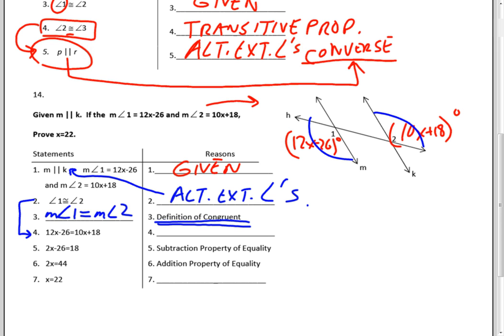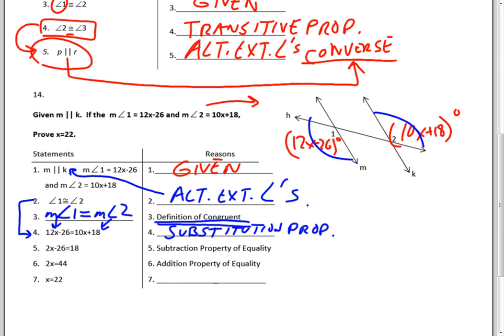How do we get from this and this to 12x minus 26 equals 10x plus 18? What do we call it when we replace things? Substitution. Is that one of my choices up top? Is there a substitution property? Good. Then, at that point, you're just writing down what's occurring from line to line.